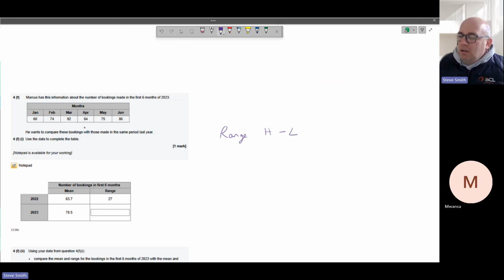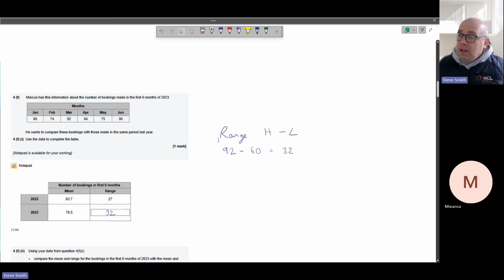So as you can see here, we've got the highest is 92, and then our lowest number is 60. Double check: 92 take away 60 equals 32. So the range that slots in there is 32. And that's your 1 mark.